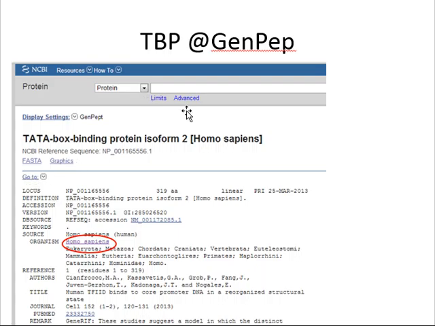This is the GenPept display of the protein.